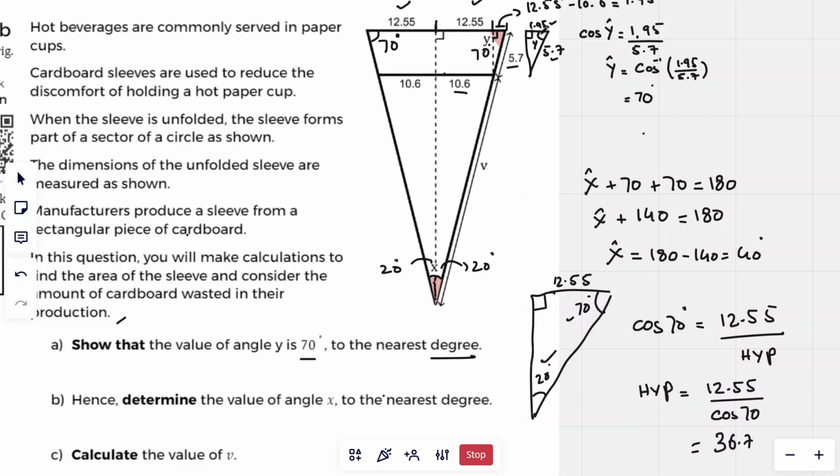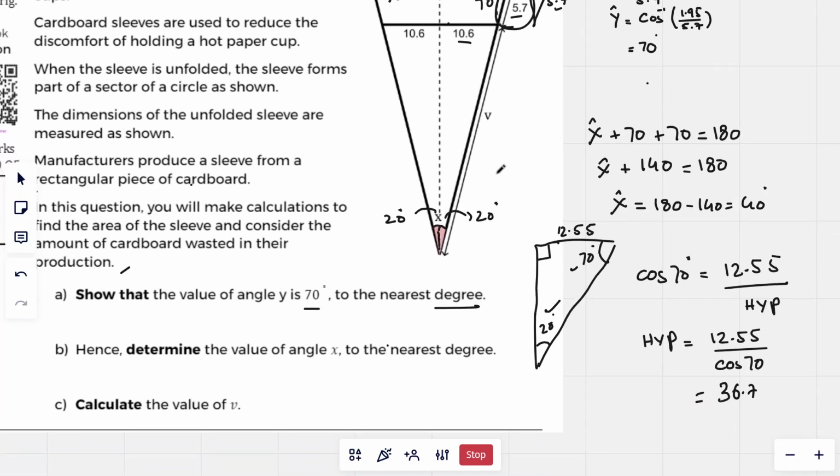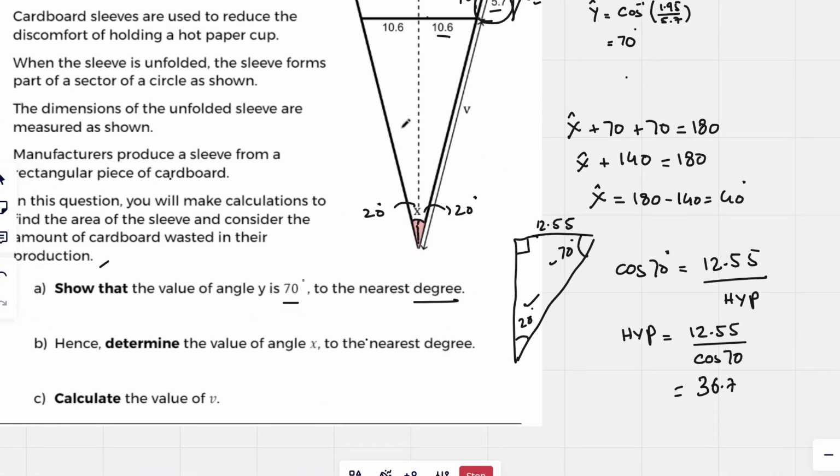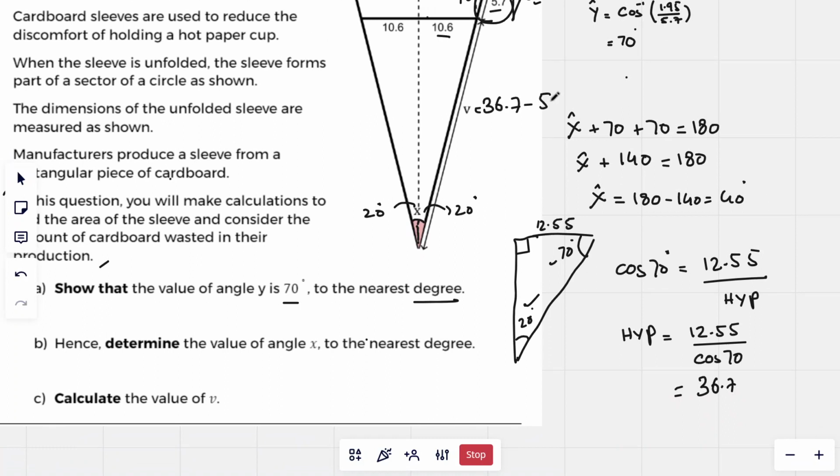So if this entire length is 36.7 and this part is 5.7, you can see 5.7, subtracting 5.7 from 36.7 should give us V. So V is 36.7 minus 5.7, which is 31.